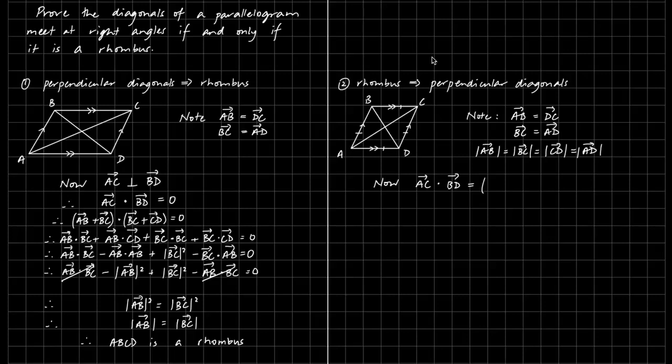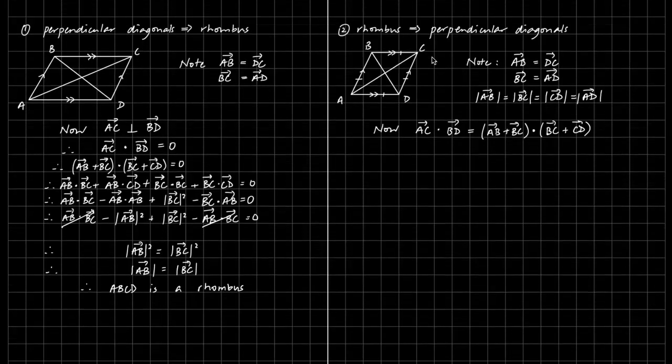So really just working like we were before, we'll say this is AB plus BC, dot product with BC plus CD. And we expanded all of that out before in the previous proof, didn't we?